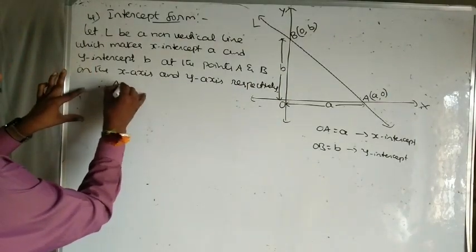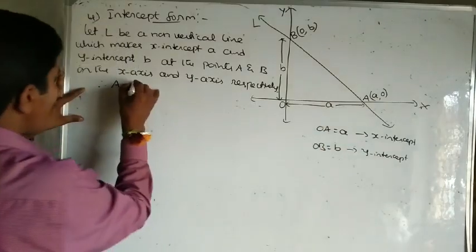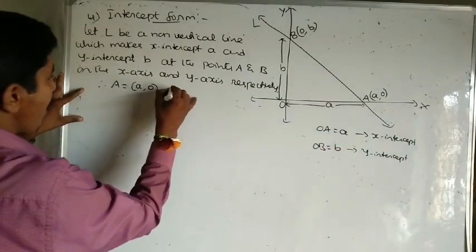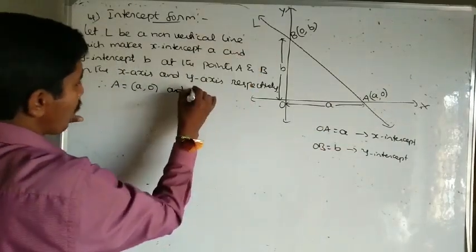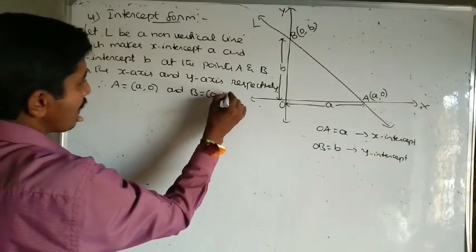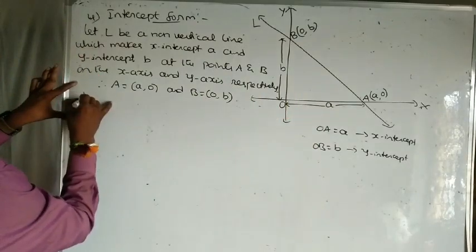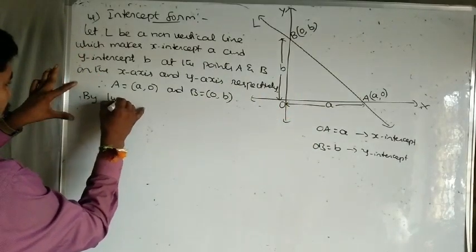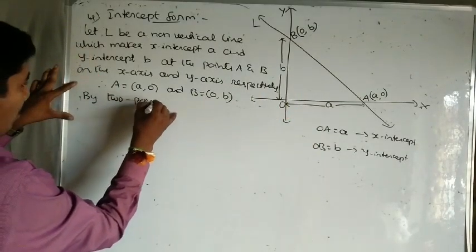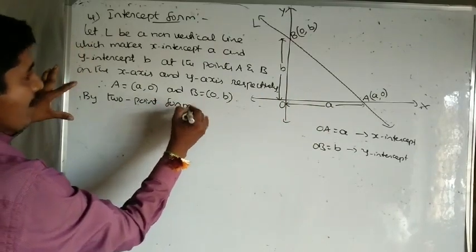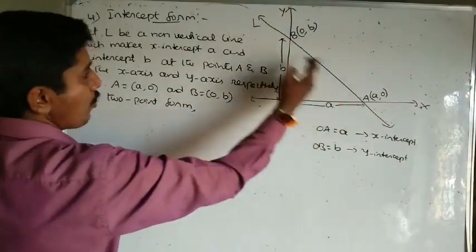Therefore, the coordinates of point A are a comma 0 and the coordinates of point B are 0 comma b. This line passing through two points, by the two-point form, you know the two-point form equation, the equation of this line passing through two points.